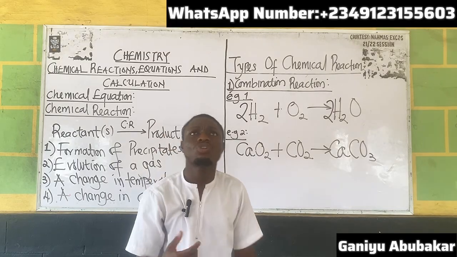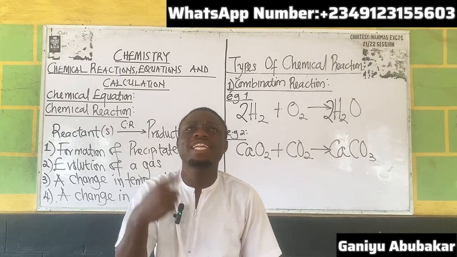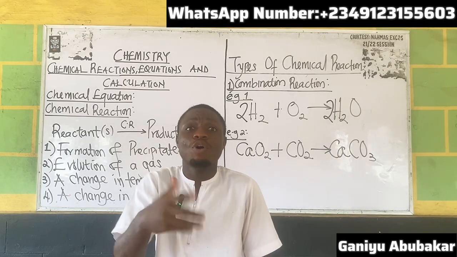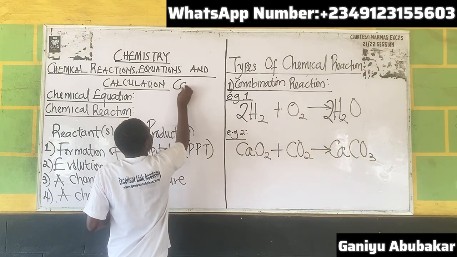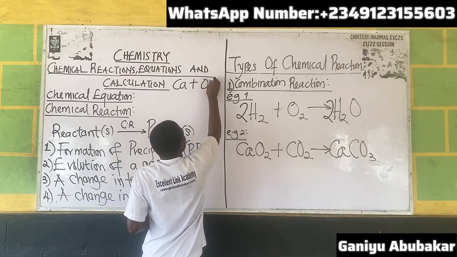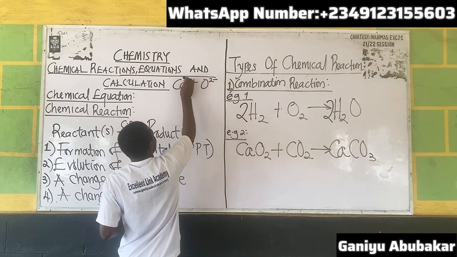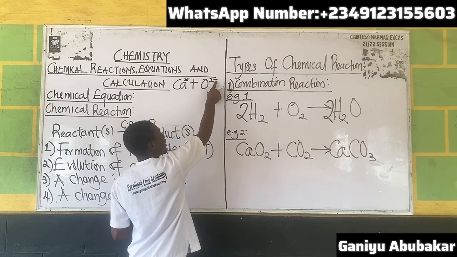CaO2 is not correct. Why? Please go back to the class where I taught how to correctly write a compound. If you check this one here, you are having Ca, calcium, combined with what there? Oxygen, O2 minus. This is 2 plus. We said they are opposite charges, they can attract, they can combine.